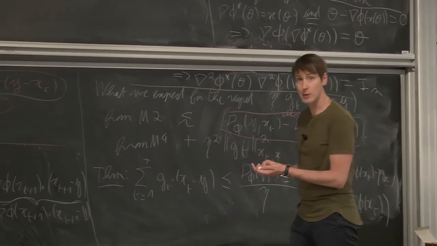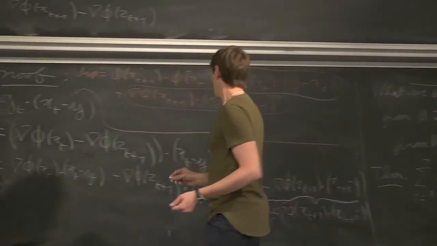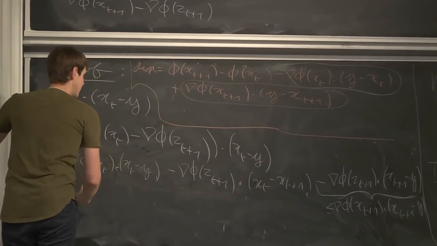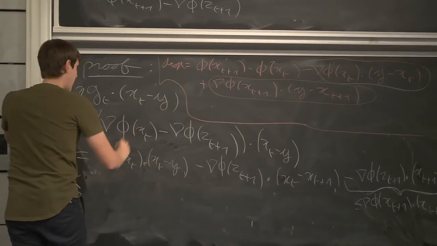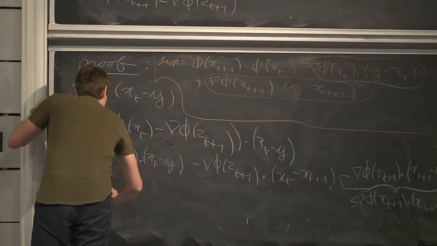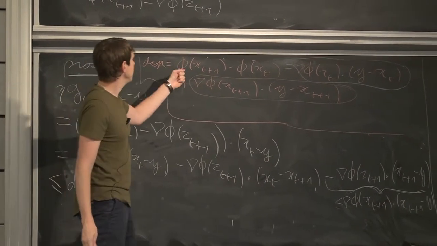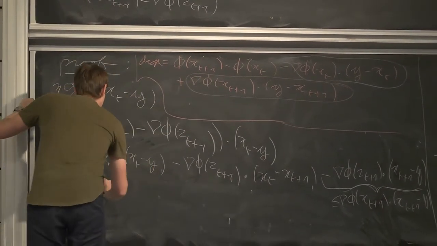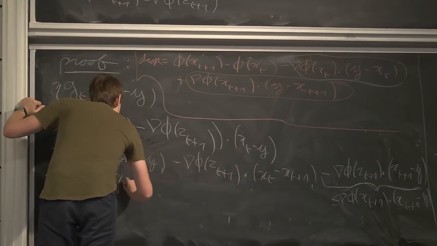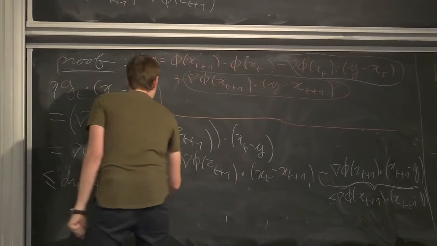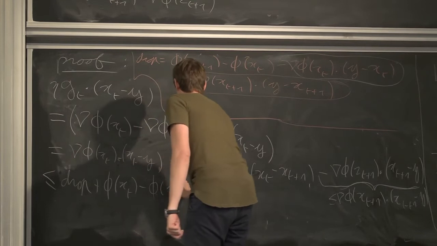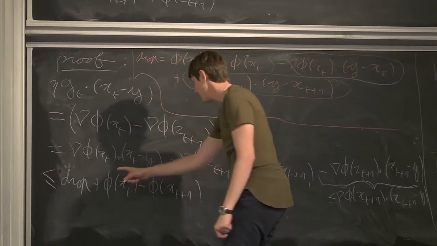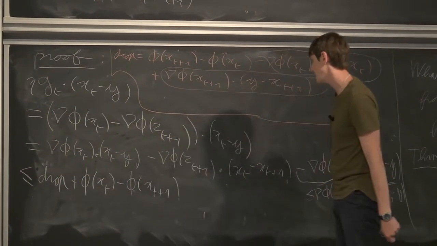Okay, so now let's write what we have. We have that this is upper bounded by the drop, except that in the drop we have this term, so we need to do plus phi of xt plus 1 minus phi of xt plus 1. Sorry, plus phi of xt minus phi of xt plus 1.